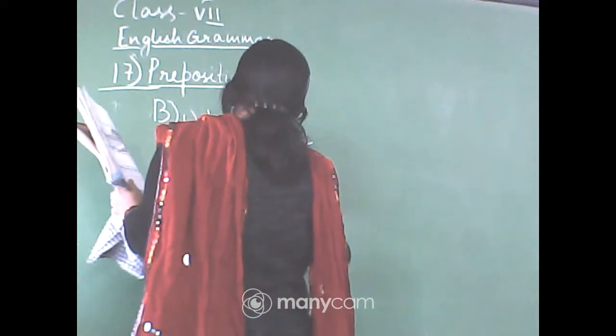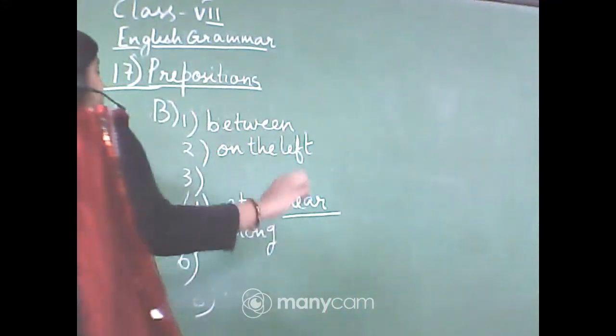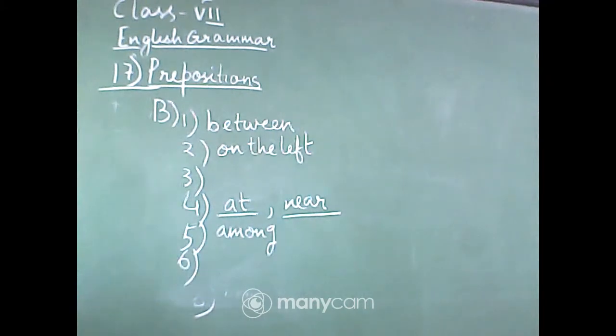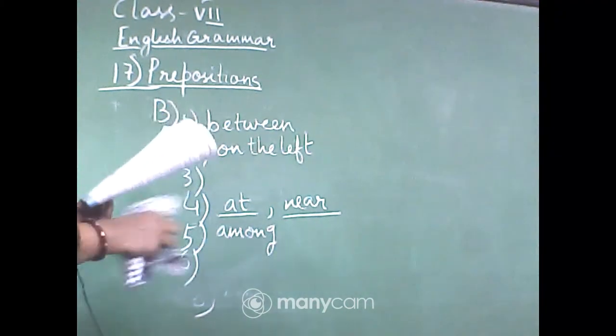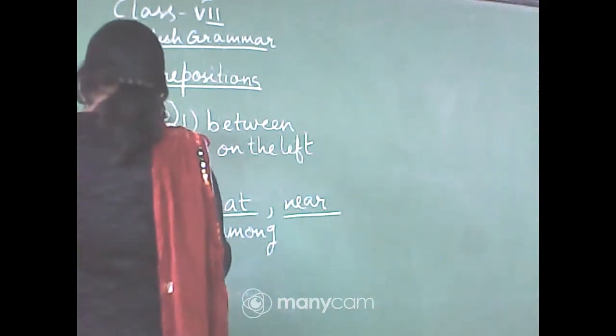Near seems okay. Let's see if it comes in any other. That is the difficulty when words are given in a box. You can use them only once. So you have to understand where it comes appropriately. Okay, so let us first fill out the whole thing.